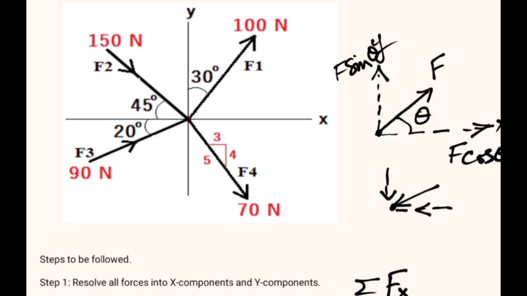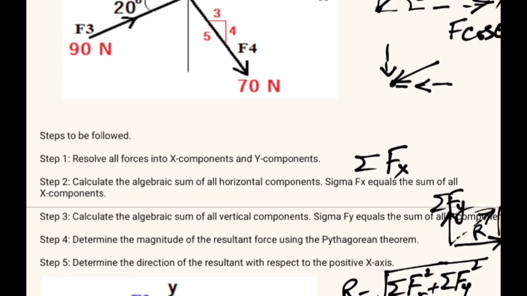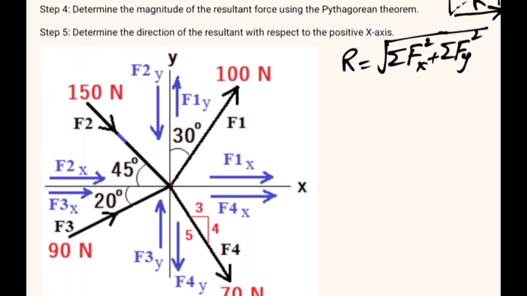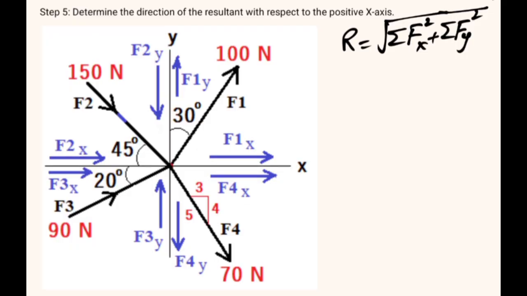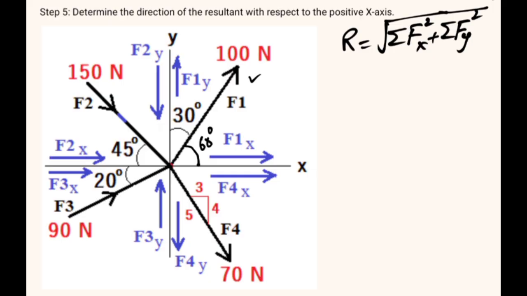So we come to find their components, as it will be our first step. So we come here and see these components. Now if you look at force F1, which is 100 Newton, this force is making an angle of 30 degree with y-axis. Okay, you can easily calculate the angle with x-axis, and that will be equal to 60 degree.